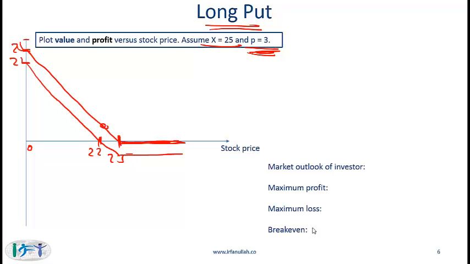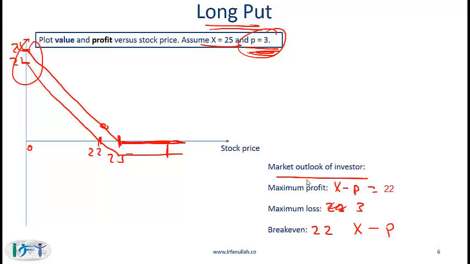The break-even number is 22, and in terms of our formula, the break-even is the strike price, X, in our example that is 25, minus the amount that has been paid for the put, which is 3. The maximum profit is X minus P again, which is 22, and that was shown right here. The maximum loss is 3, because if the stock price goes up, then what we lose is the amount that was paid for the option.